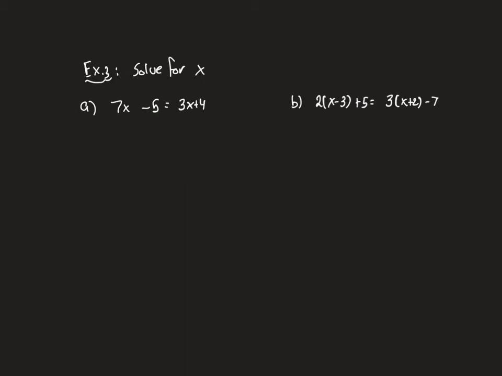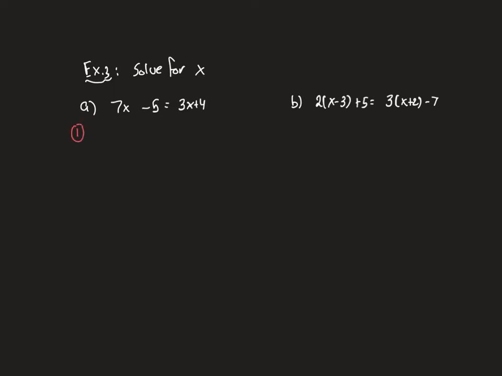So in this last example, you're going to notice that we have the 7x here and we have a 3x here on the other side of the equal sign. So these are two separate x's. So to solve for the x, you need all your x's on the same side. So now you're going to start to see that our rules are fully forming now.